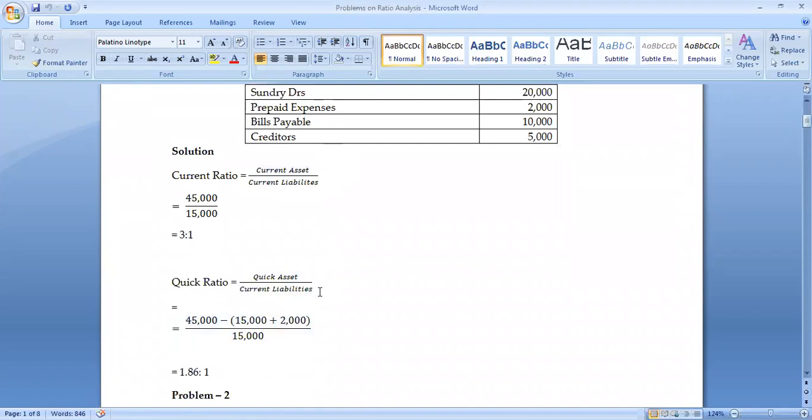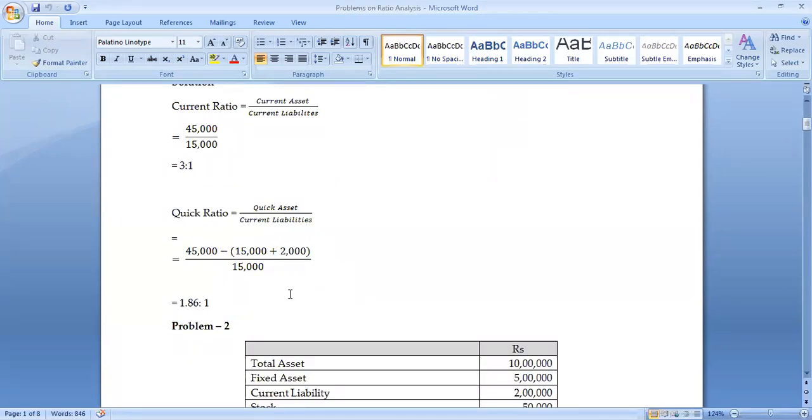It includes all the current liability. So here you got 1.86 is to 1. What was the ideal quick ratio? The ideal quick ratio was 1 is to 1. Here you got 1.86 is to 1, so it is also in a good condition.